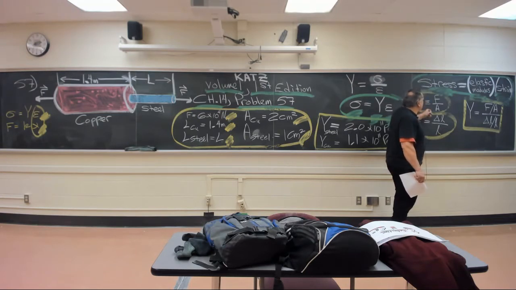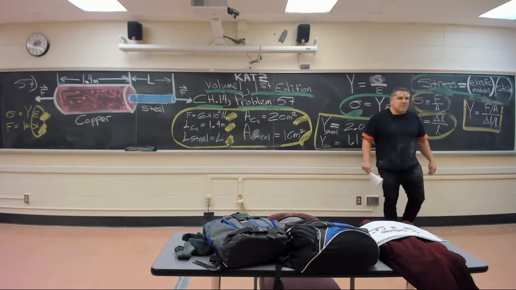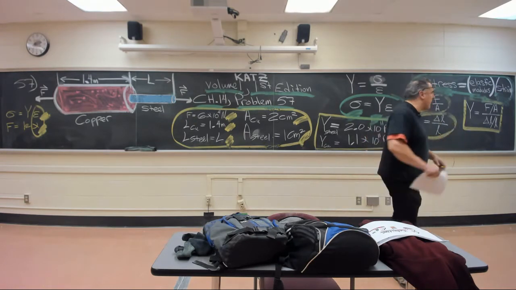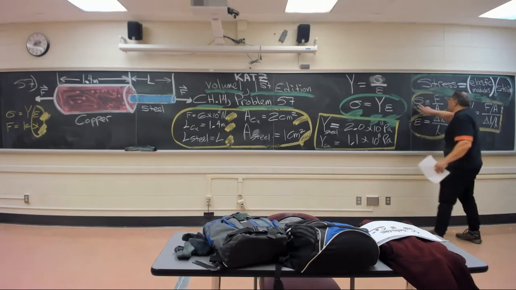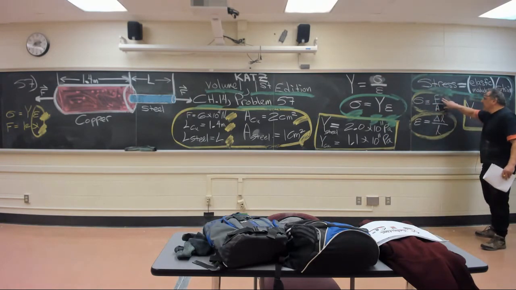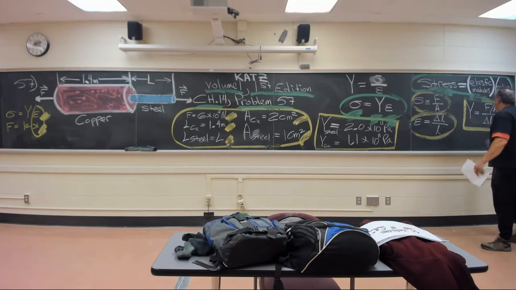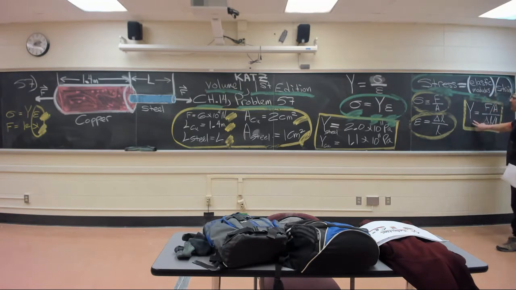The stress is force divided by area. The force that is being exerted over a cross-sectional area is stress. And delta L over L is the strain. Y is Young's modulus. It's a constant.